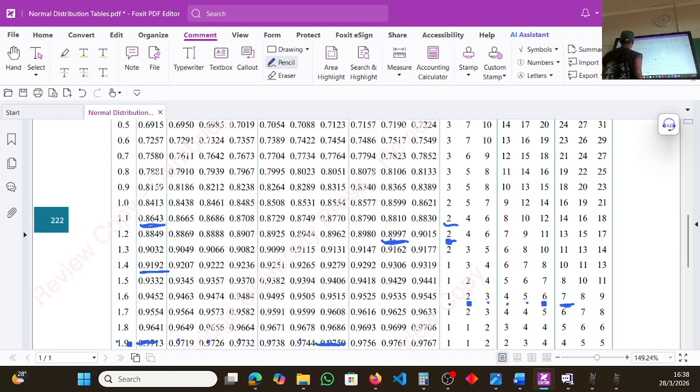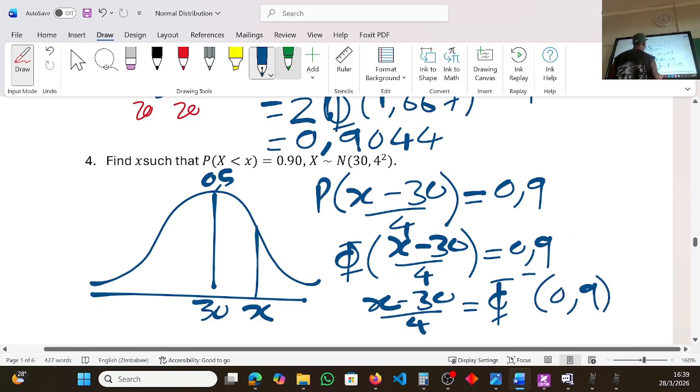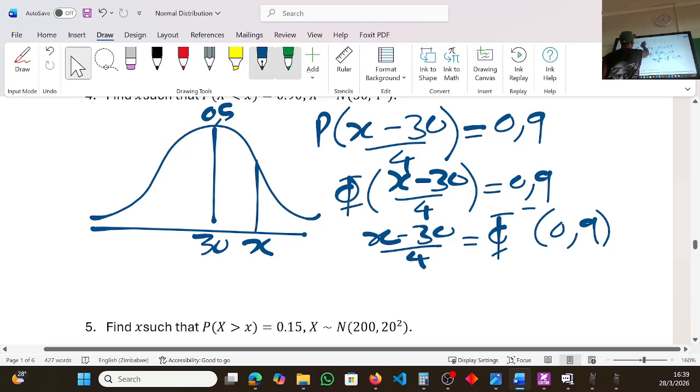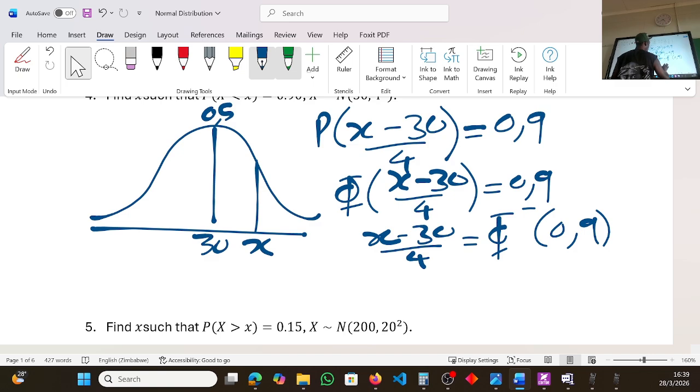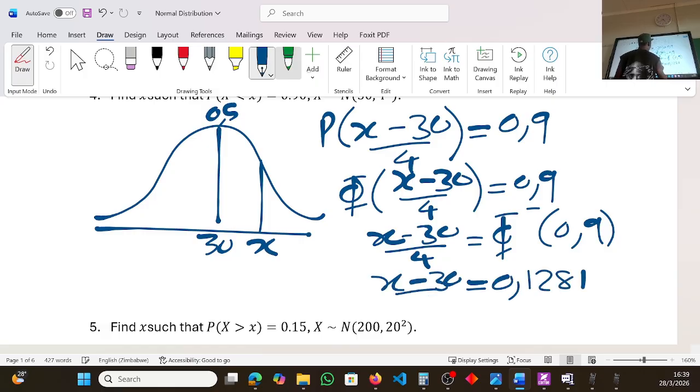So if I try to pick, it's 1.2 here. So I'll count 0, 1, 2, 3, 4, 5, 6, 7, 8. So it's 1.281. That's x minus 30 over 4.